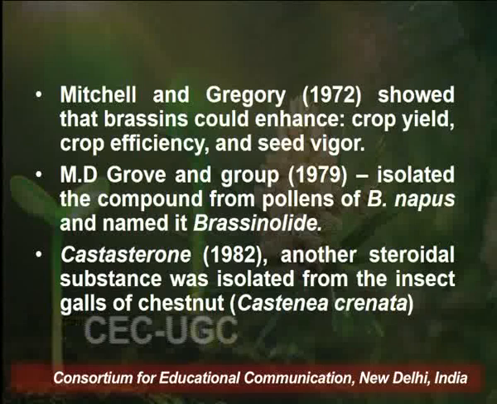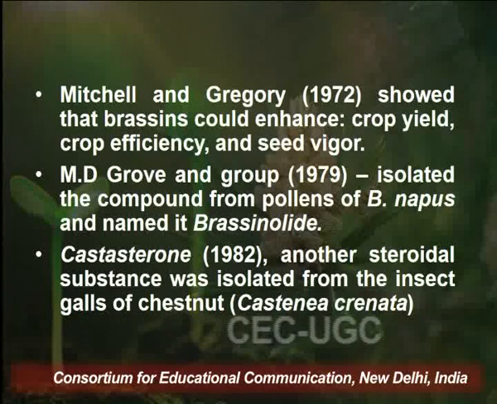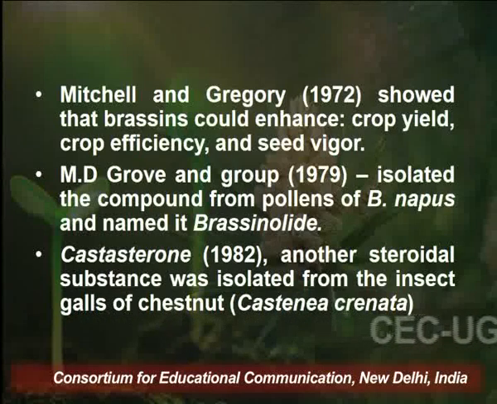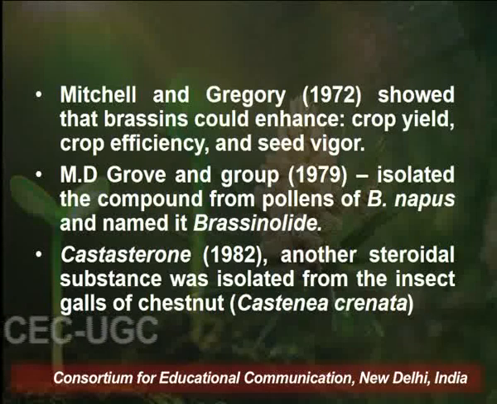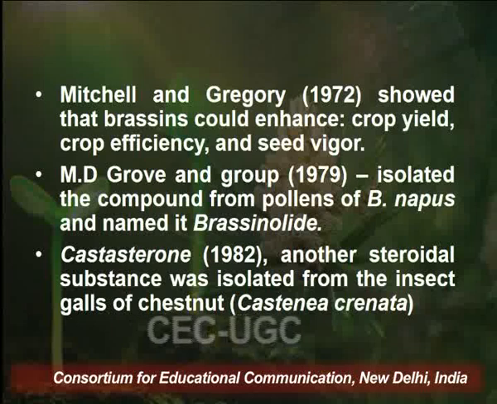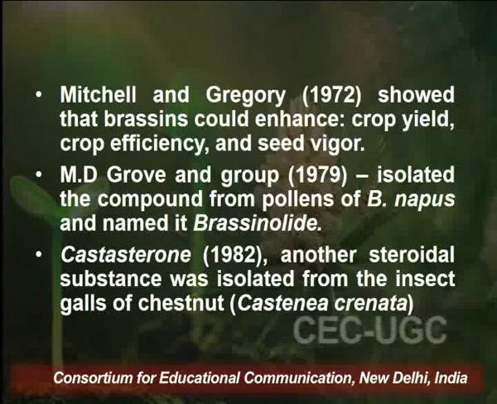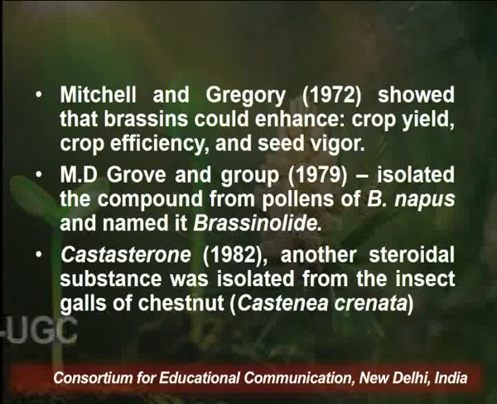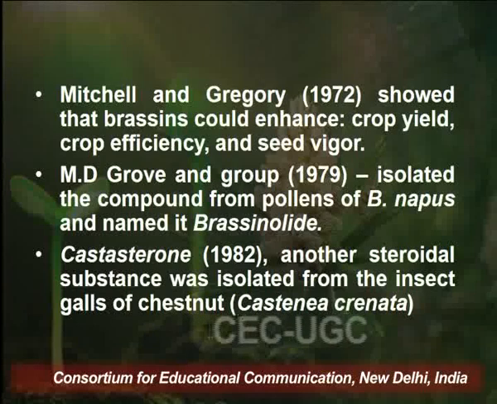Then in 1979, Grove and his group were the first to isolate the compound from that extract of pollen of Brassica napus, and they named that compound brassinolide. So we can say that brassinolide was the first brassinosteroid compound isolated from a plant.